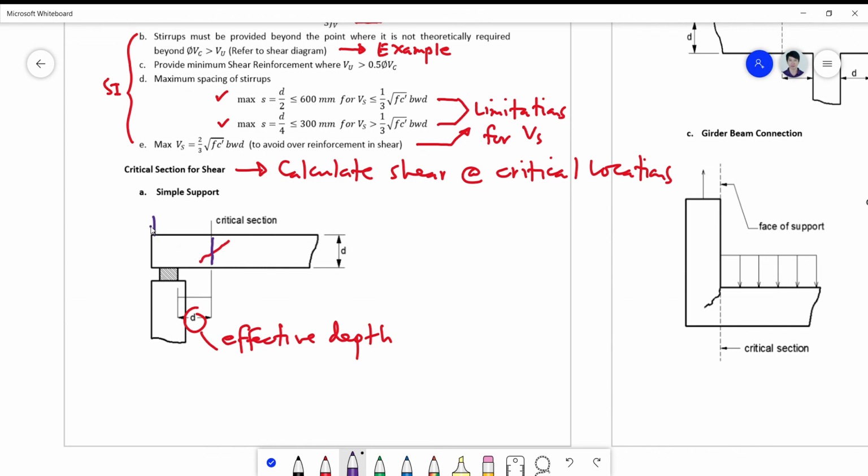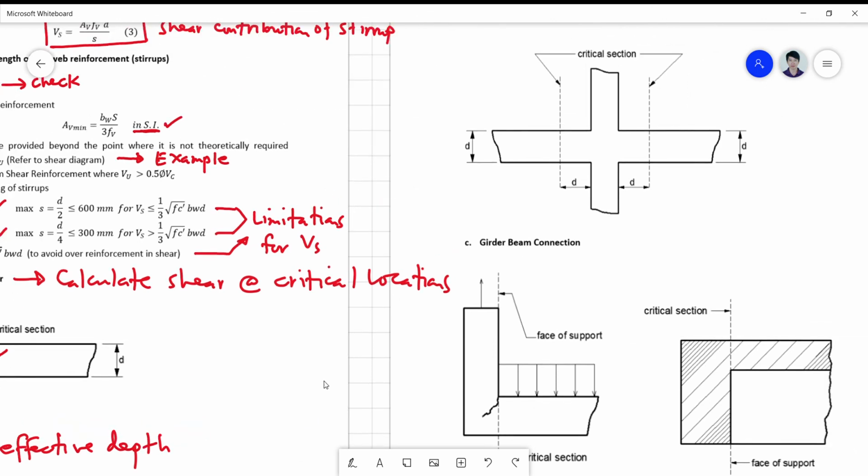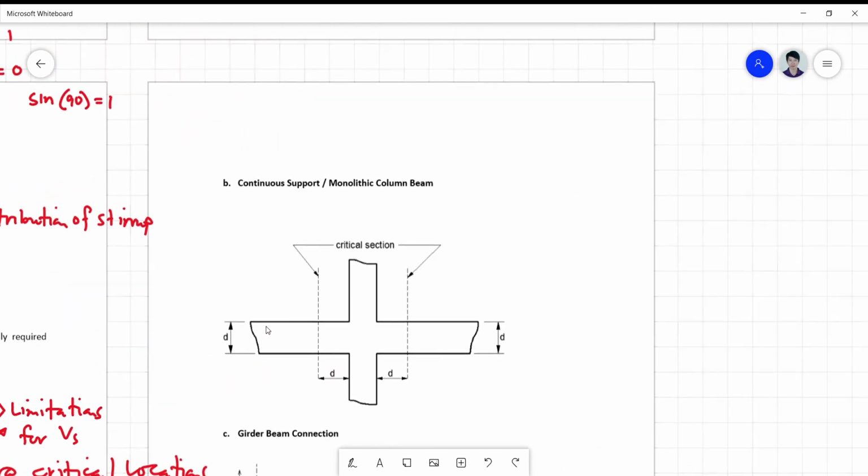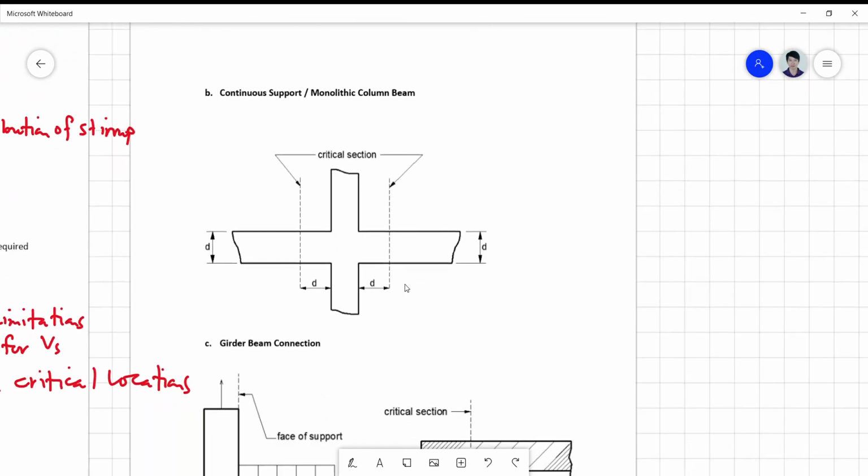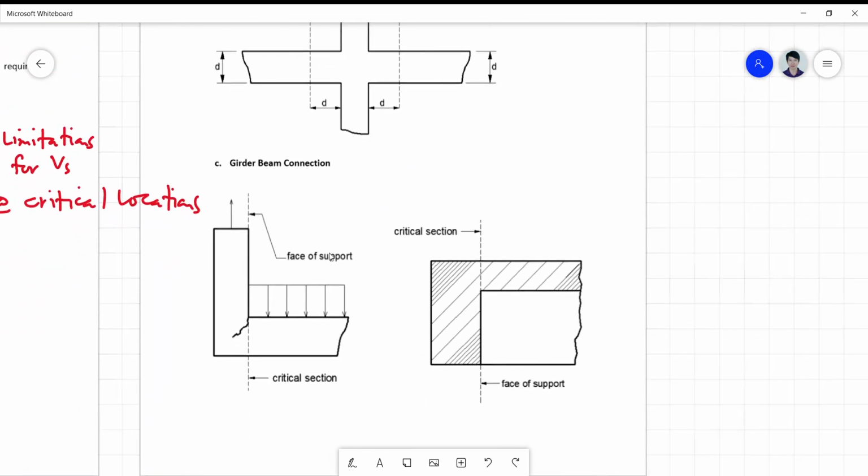The load here will be carried directly by the support, so there is no expectation of a crack, most probably, at a point less than d distance. Also for a continuous monolithic support, it is a distance d. For a girder beam connection, it is exactly at the face of the support.